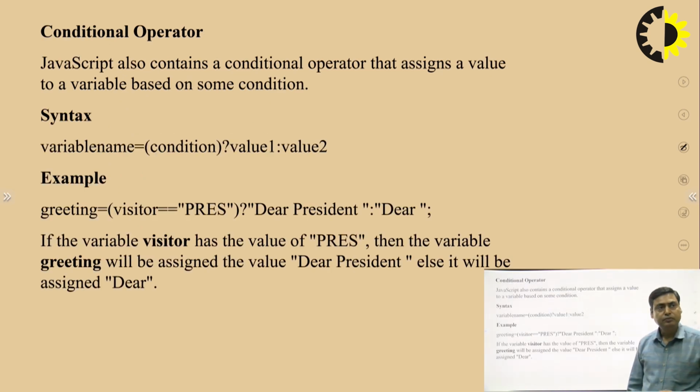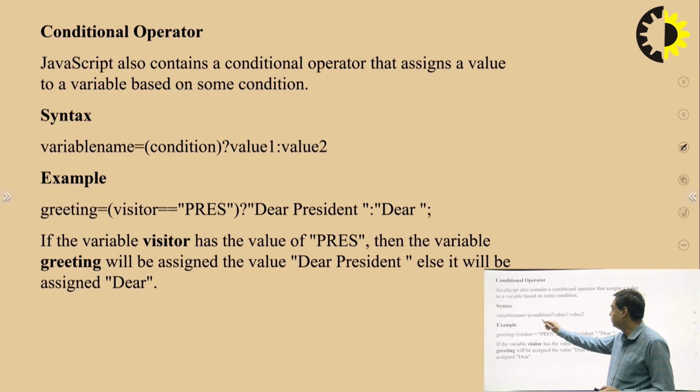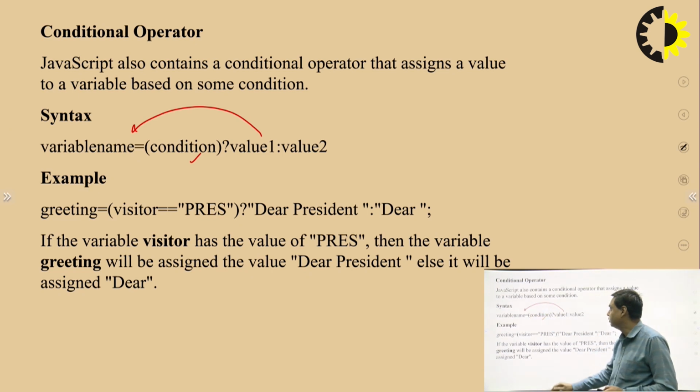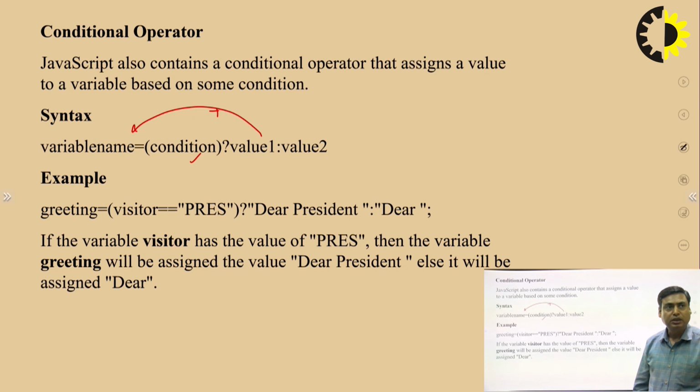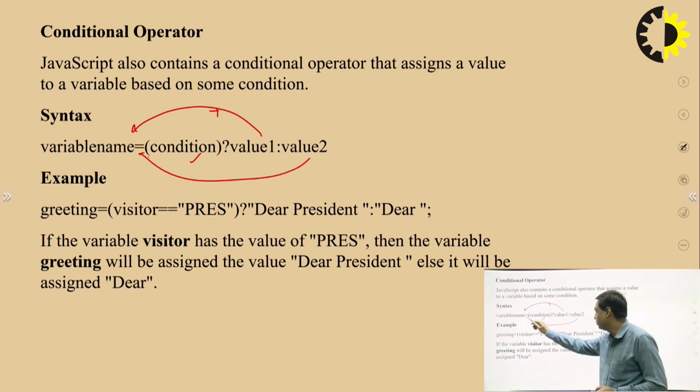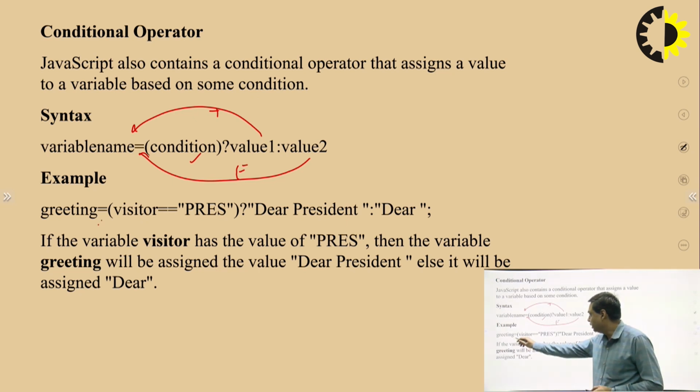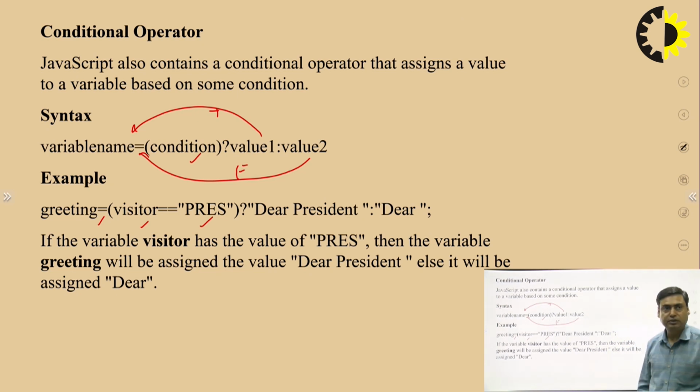Conditional operator: we have a condition here. If the condition is true, value 1 will be assigned to the variable name in case of true. If the condition is false, then value 2 will be assigned to the variable name in case of false. For example, a variable is greeting and the condition is visitor equal to PRES.